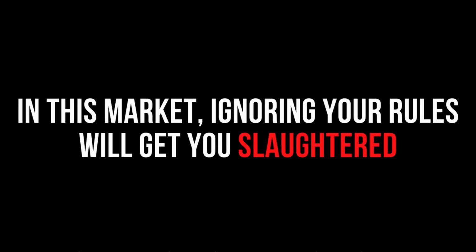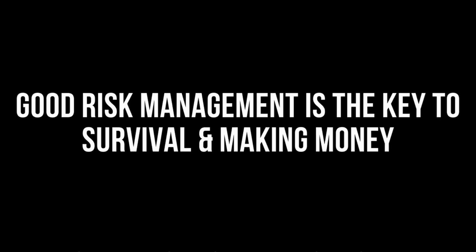Especially in this bear market, ignoring your rules will get you slaughtered. Having good risk management is the key to survival, and it's the key to making money. This is one of the things that a lot of people learn the hard way. I certainly did through losses, but hopefully you won't have to. Don't underestimate good risk management and stick to your rules.